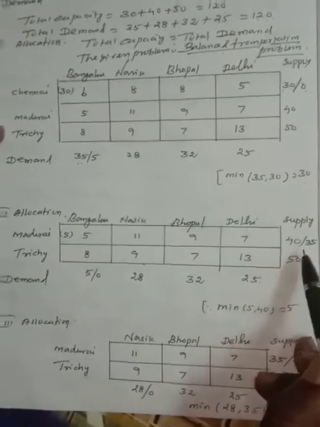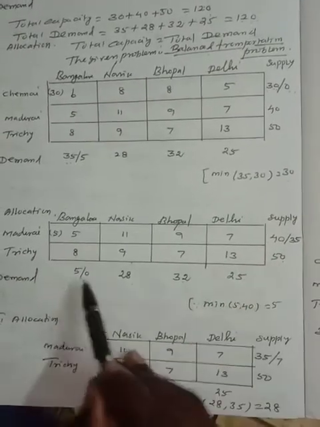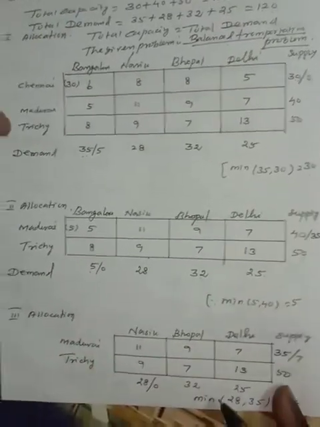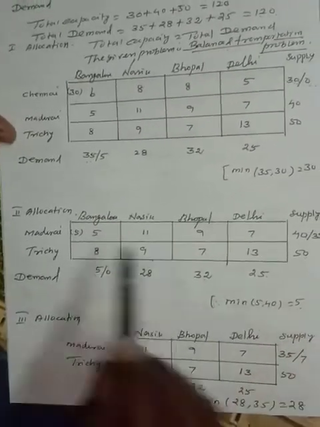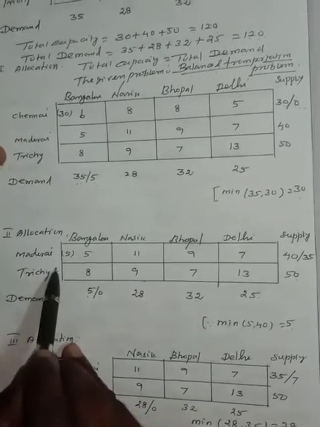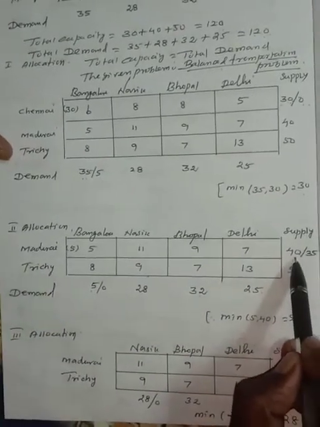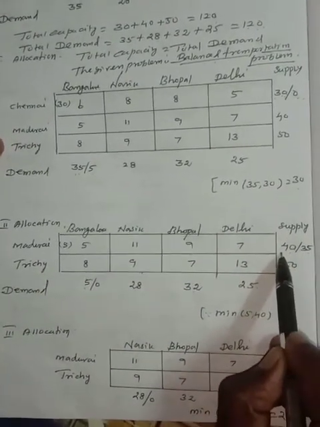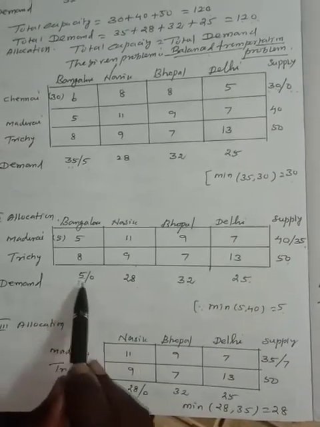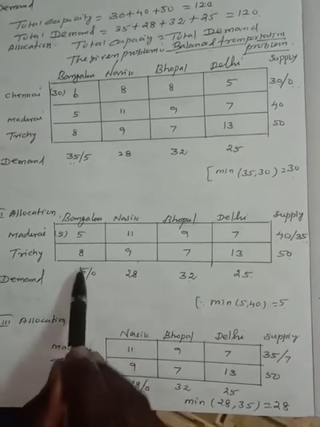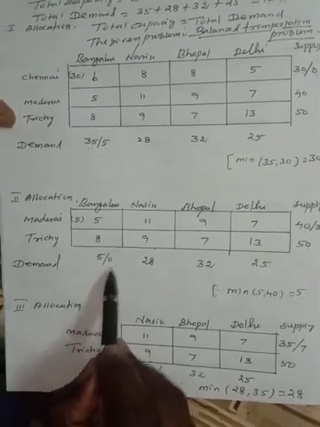Supply 40 and 50. Minimum of 5 and 40 is 5. So you have to put 5 in the first box. 40 minus 5 is 35, so 40 slash 35. 5 minus 5 is 0, so 5 slash 0.